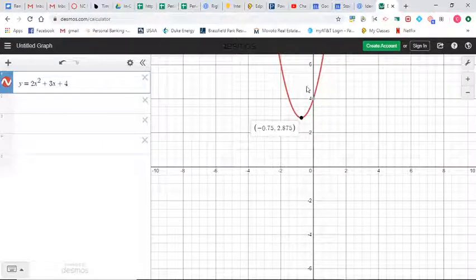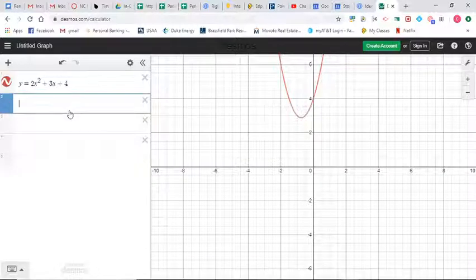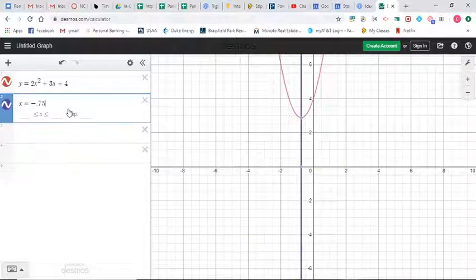So I'm going to do a dashed line real quickly. We know the minimum x value is at negative 0.75. So I'm going to draw a vertical line, which again, you can't do on your graphing calculator, so that's why your graphing calculator is kind of limited. So I'm going to type x equals negative 0.75. And that will give us the dividing line.